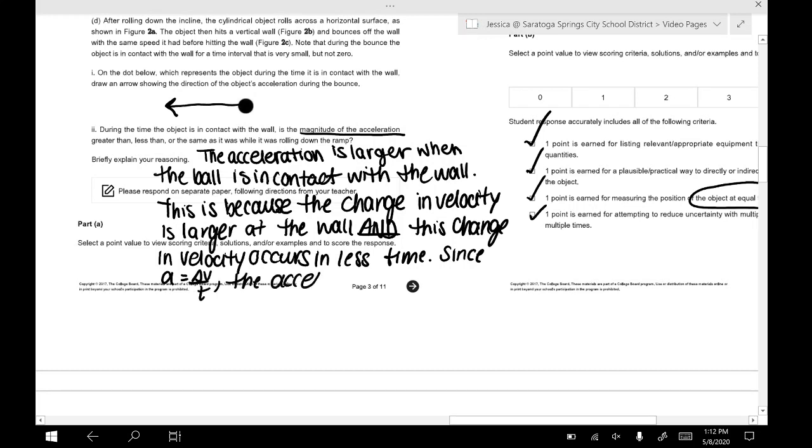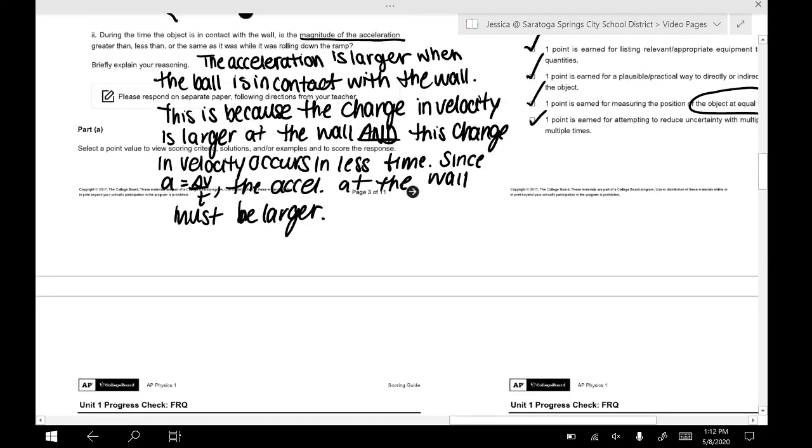The acceleration at the wall must be larger. All right, so let's check out my points for D.